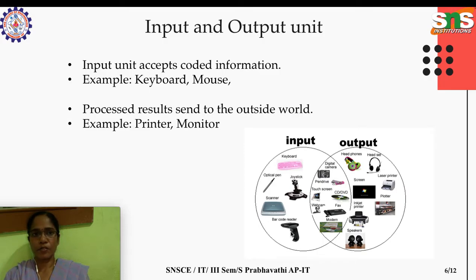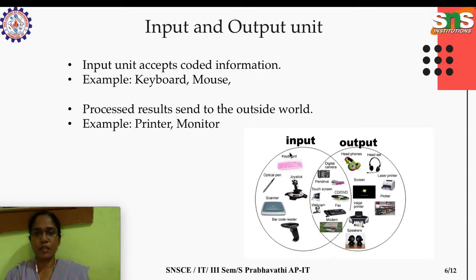Coming to the functional units of our computer system, we have seen the input output system, memory, and processor. Input output is something we use in our day to day life. Input is to give instructions and information to the computer system by means of input devices, like the devices mentioned here, which we are all familiar with.